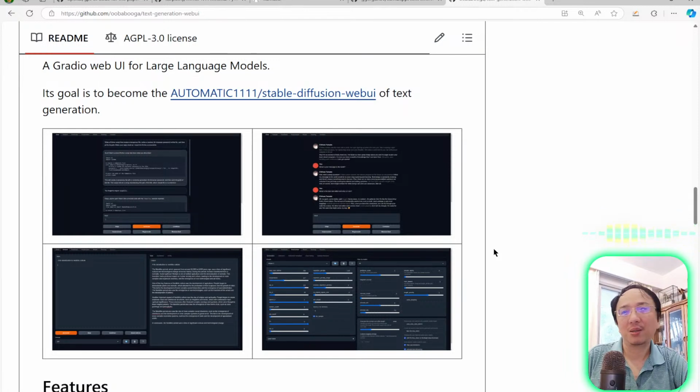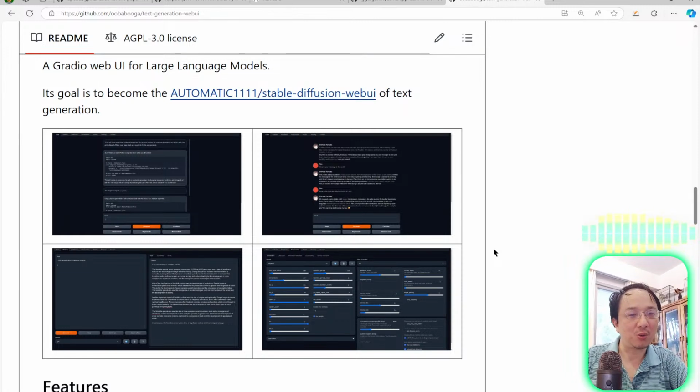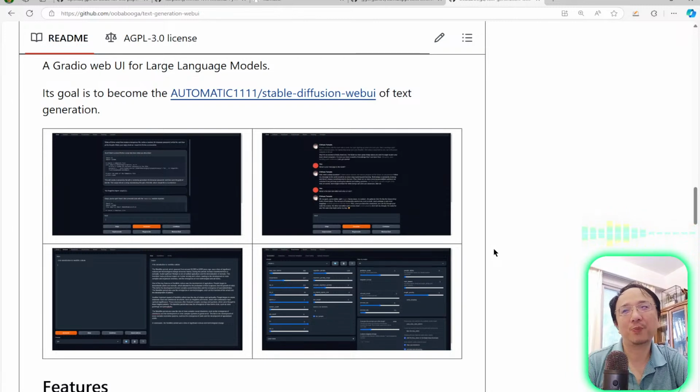So if you try 10, 20, or 30 models, it will occupy 300 gigabytes of storage, which is not a small amount of storage, and it takes some time to download all these things.